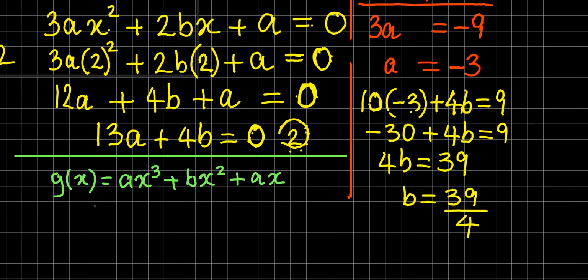So a is minus 3, so we can put that into the function: minus 3x cubed plus 39 over 4 x squared minus 3x. So that would be the equation of the curve. So that's g of x.